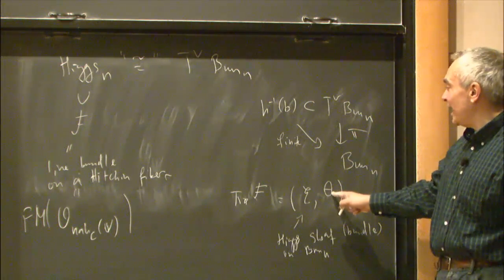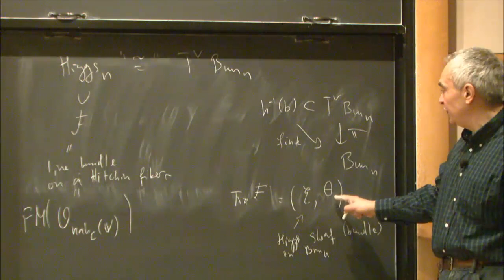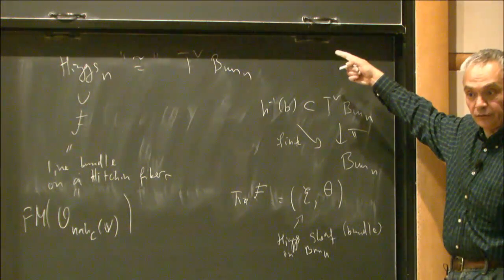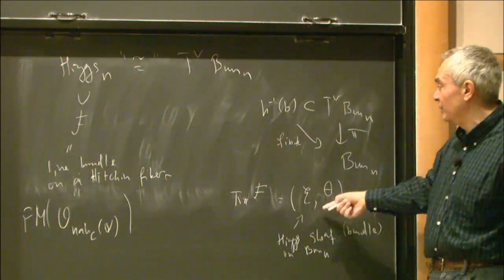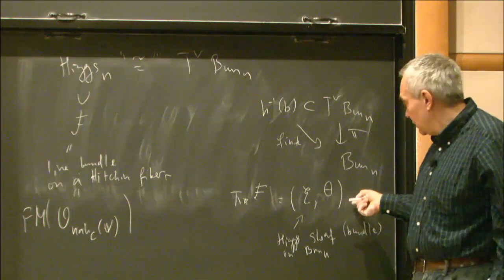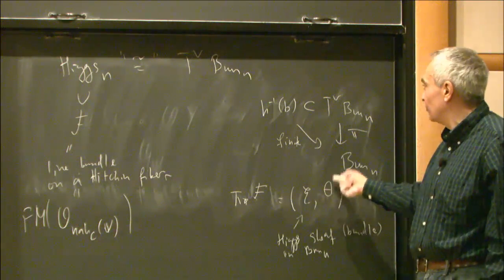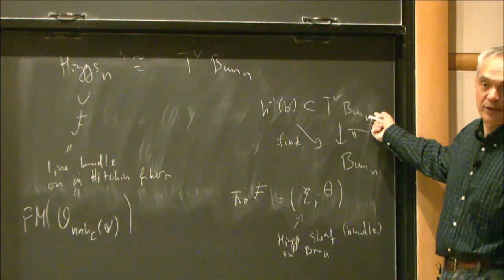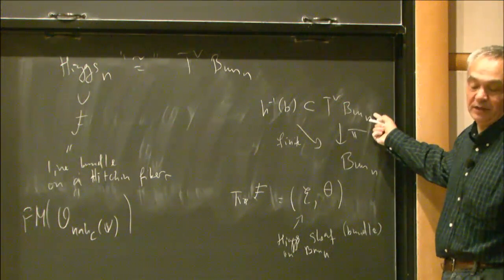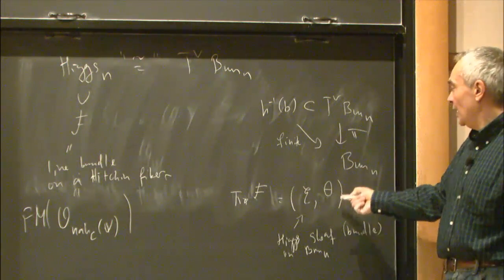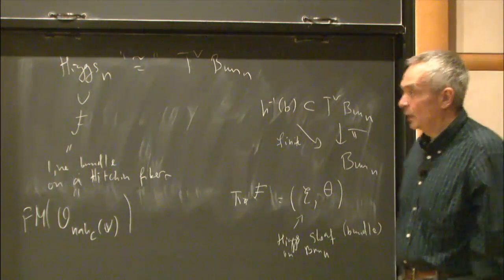And you also get an action of the cotangent bundle of Bun N because there is a tautological section on the total space of the cotangent bundle that you can multiply this guy by. And that gives you a module structure over the symmetric algebra of T; this is affine over Bun N, so it's just the spectrum of the symmetric algebra of T. So it gives you an action of the symmetric algebra of T, and that action is theta.